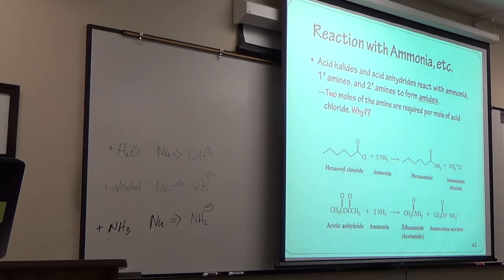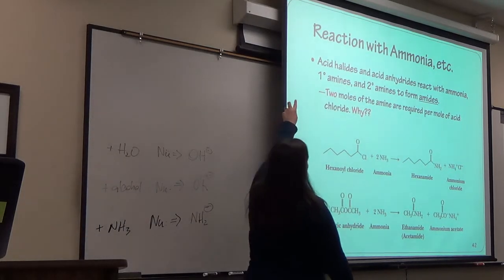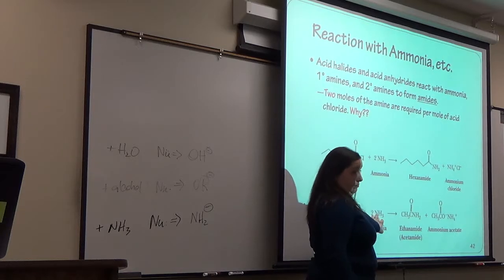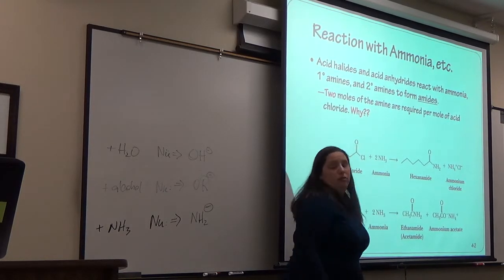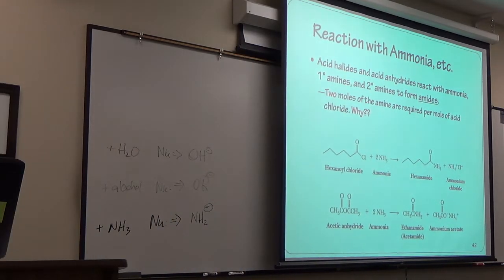So this can happen with ammonia, which is shown here, but also primary and secondary amines. So up at the top, we're showing you just ammonia here, but this could also be NH2R, so there could be a carbon chain associated there as well.